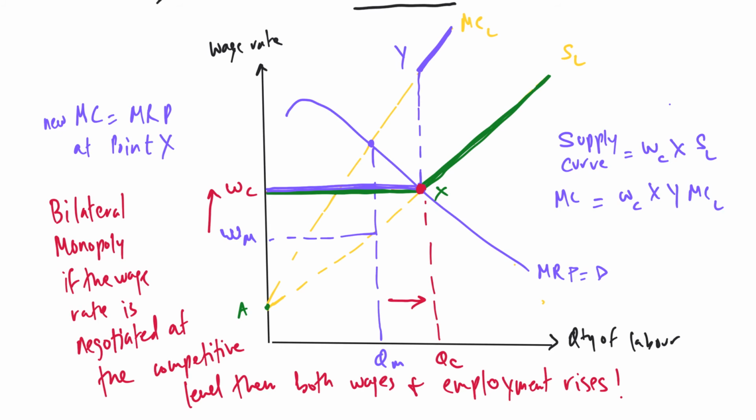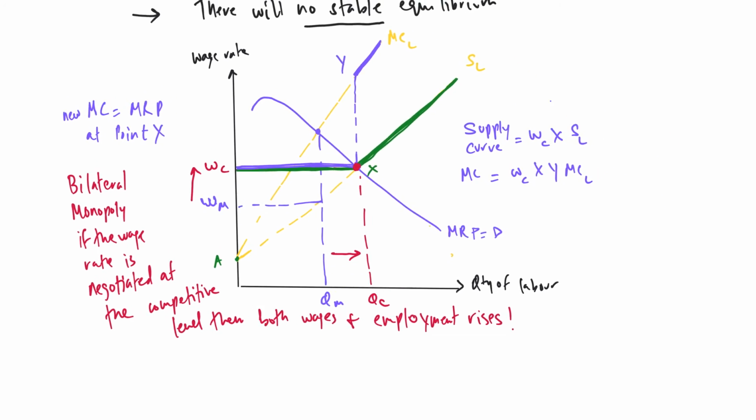This means your employment level will fall. Your employment level will fall. If you become too greedy and ask for a wage rate higher than the competitive level, you end up hurting your workers, because now employer will find it so expensive, he's going to start cutting down on the number of workers. So what we believe is this, that any wage rate above the competitive level will only end up getting employment affected.